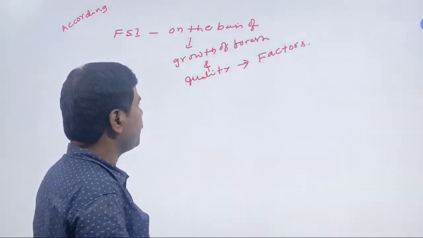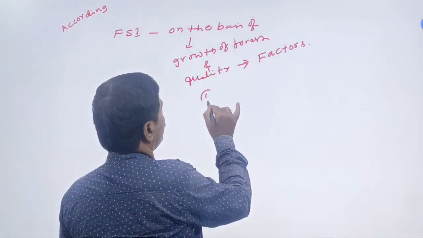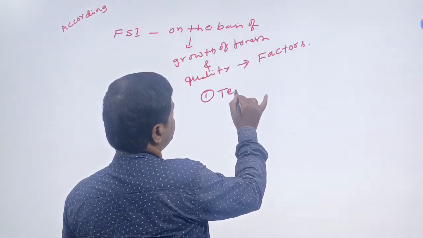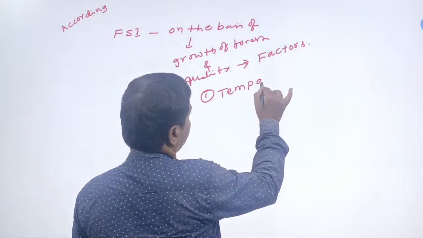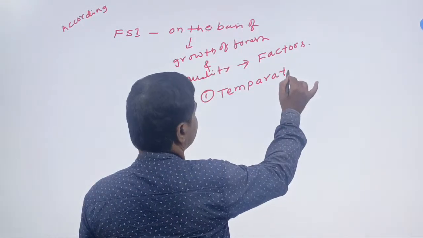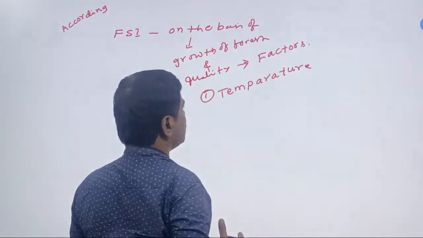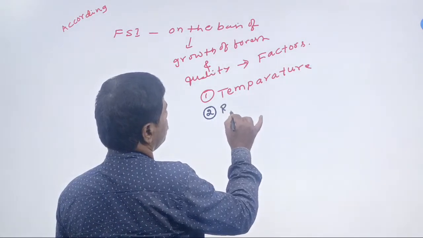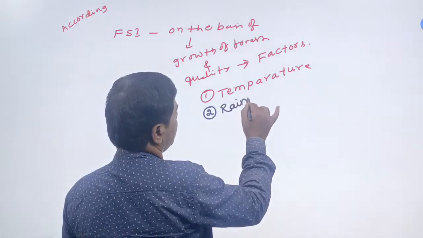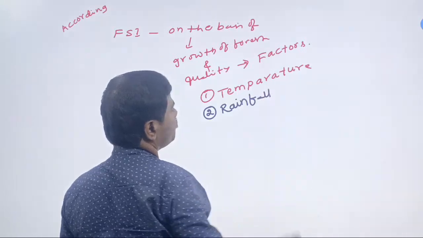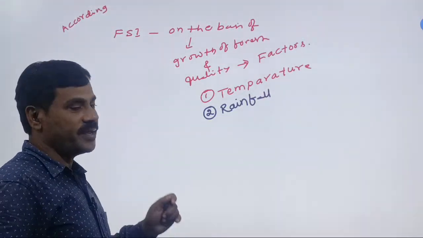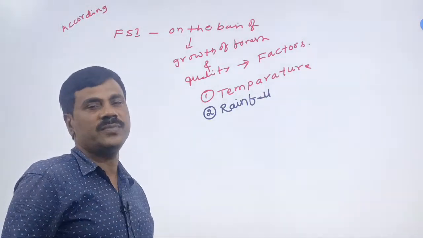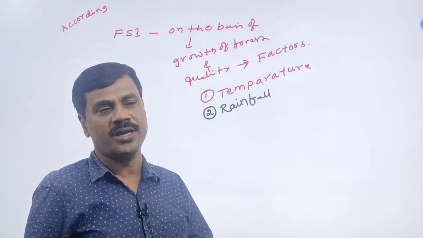The name of the factors: one is temperature, and second is rainfall. These two are the major factors that decide forest growth and quality.